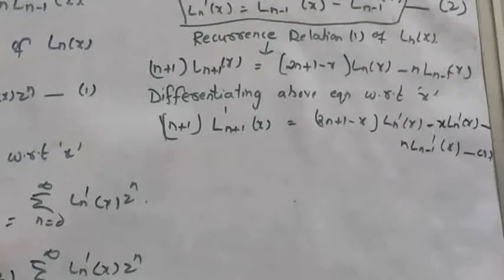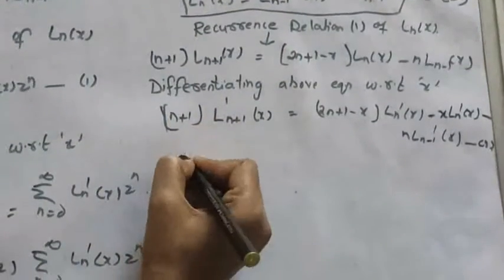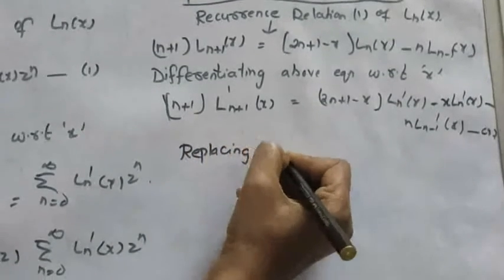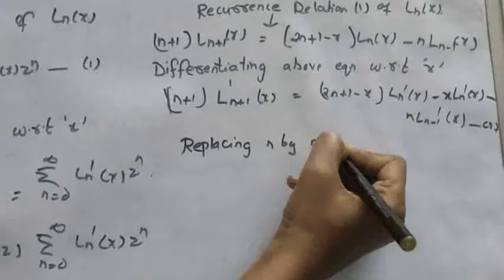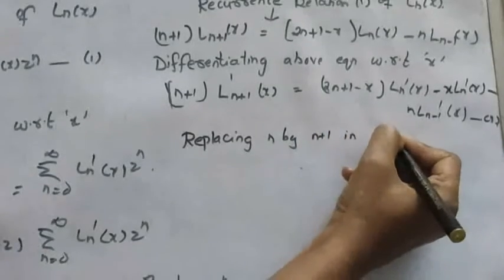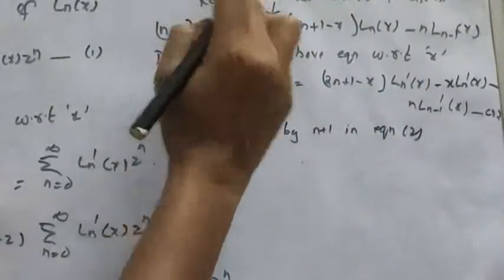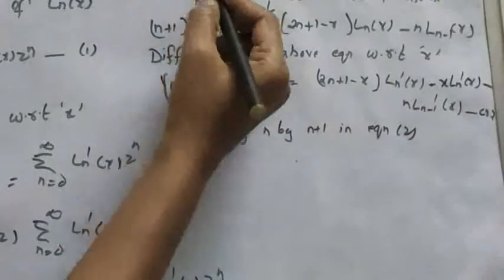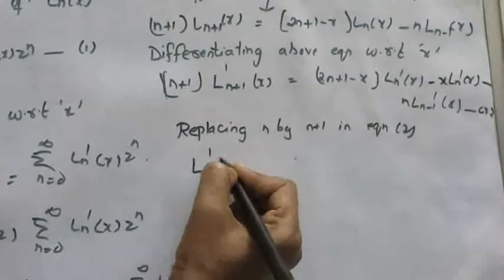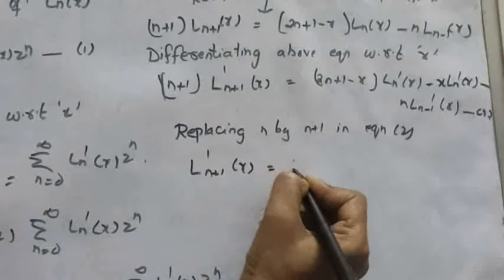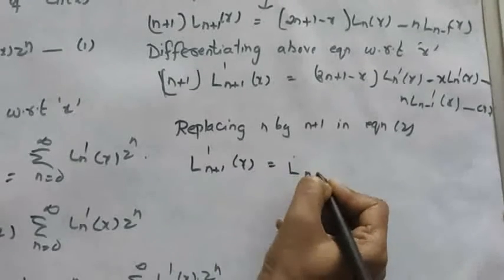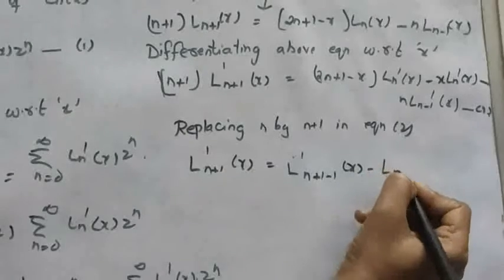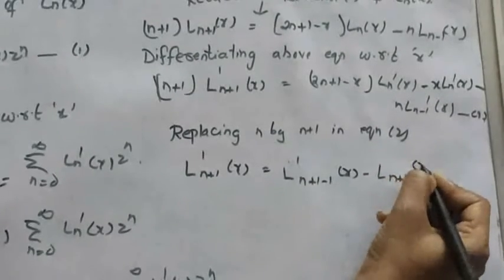So Ln plus 1 dash of x is equal to Ln plus 1 minus 1 dash of x, minus Ln plus 1 minus 1 of x.